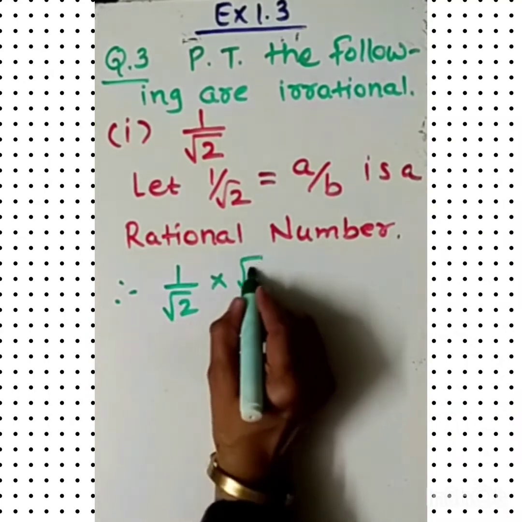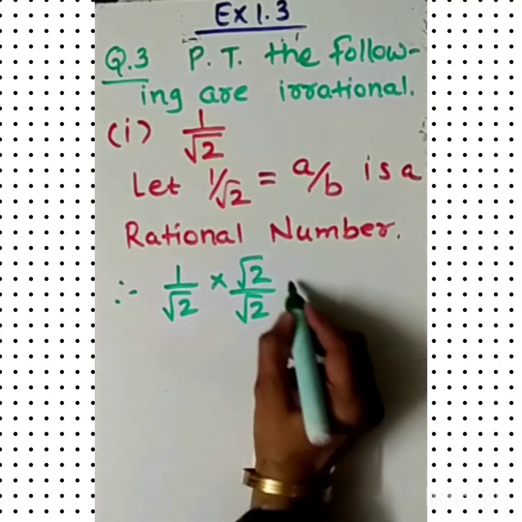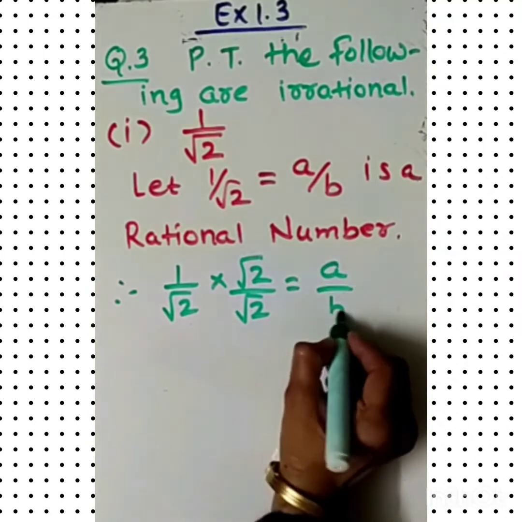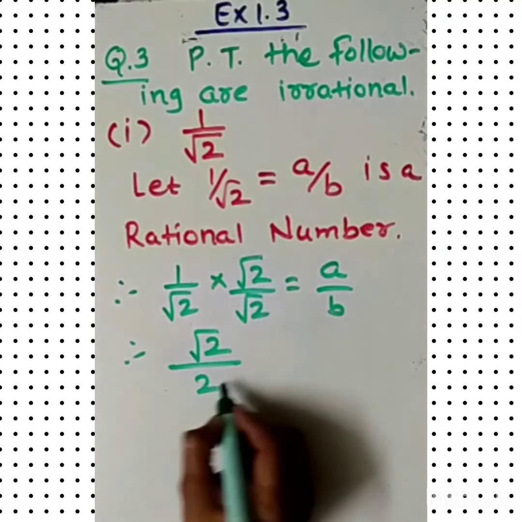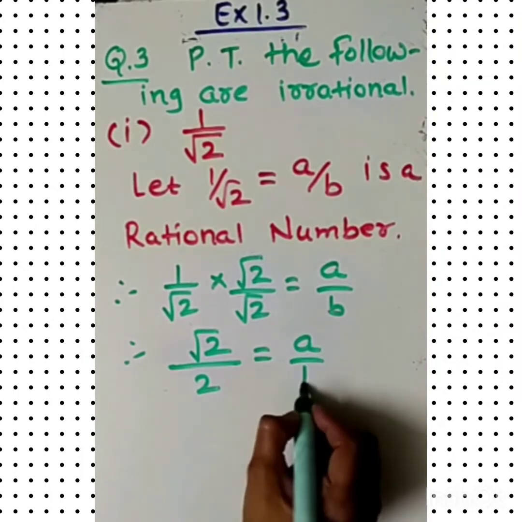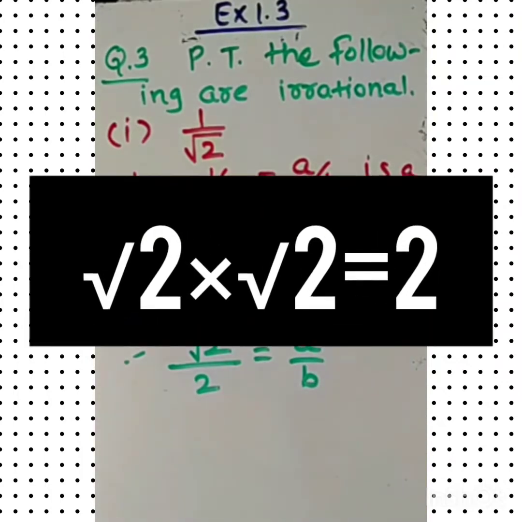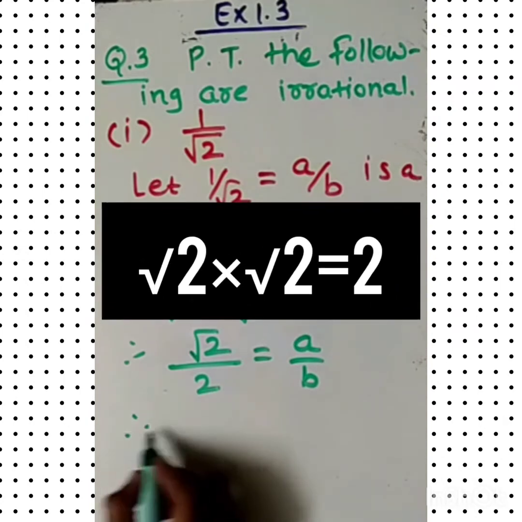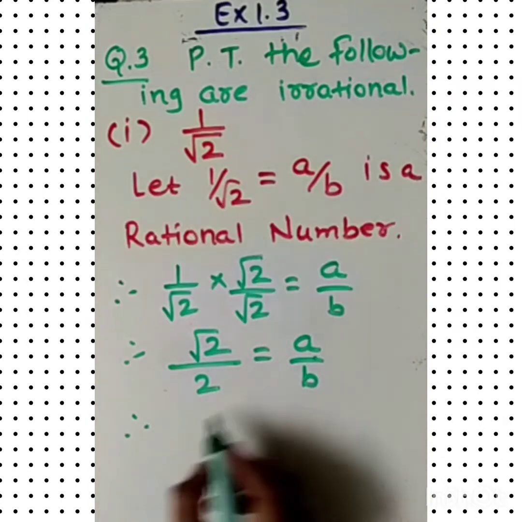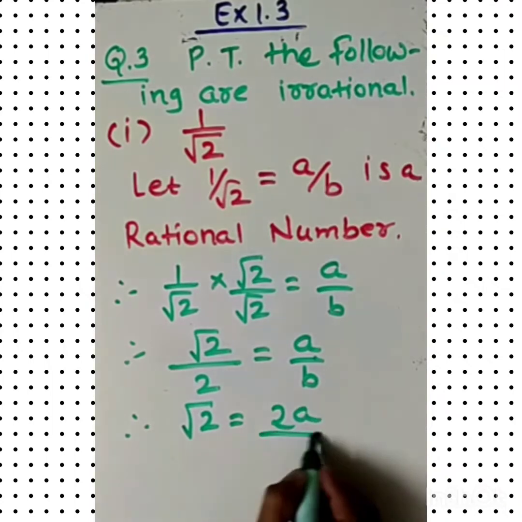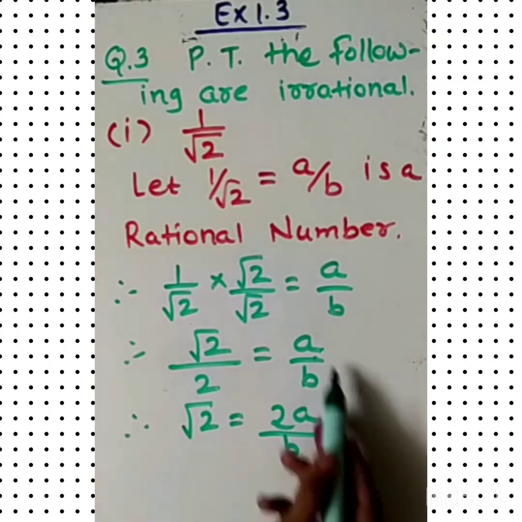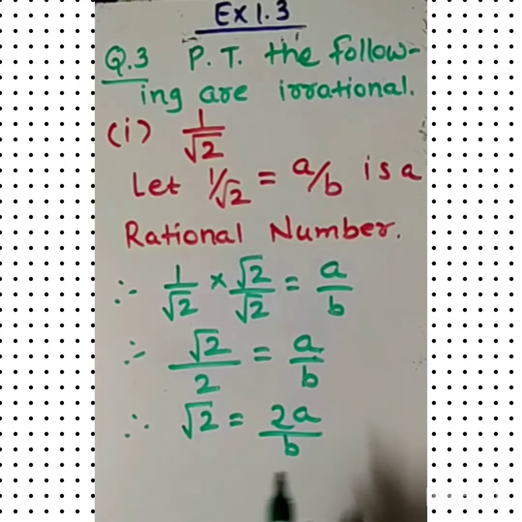We need to divide and multiply with the same number. So finally the numerator will be this and the denominator will be this, and here it is a by b. Therefore 2 will be multiplied to this side. So root 2 equals 2a by b. This 2 will be in multiplication to this side.